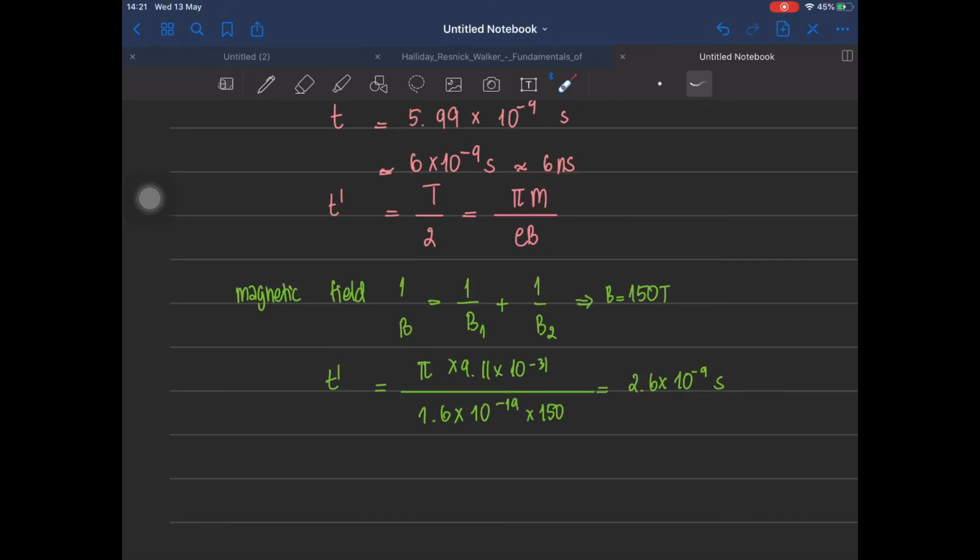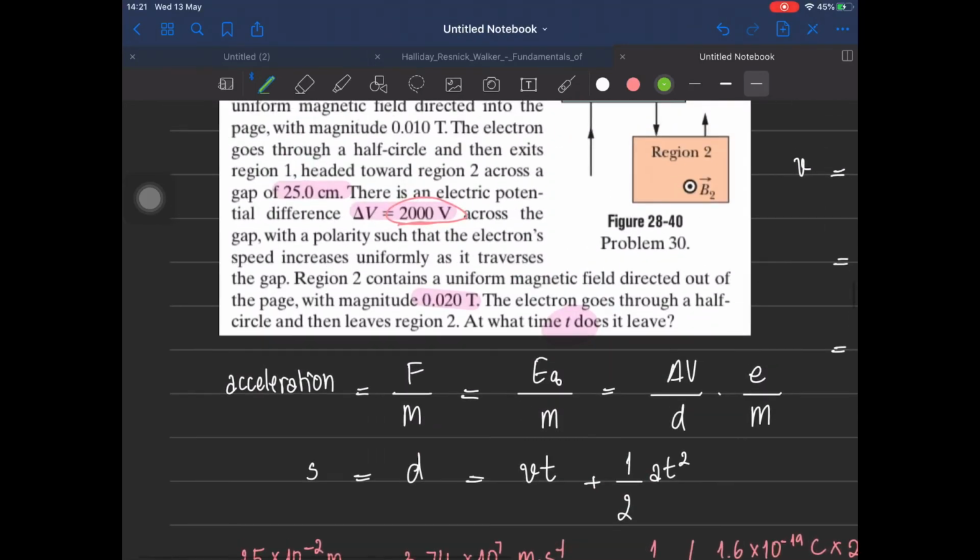If we compare this number to this number, there's not that much difference, because from around 3 to 6 is similar, but we also need the total time because the question that they're asking is, what time does it leave? So what time does it leave is considering all the time that went through it and the half circle of it.